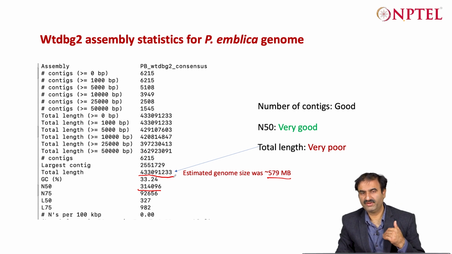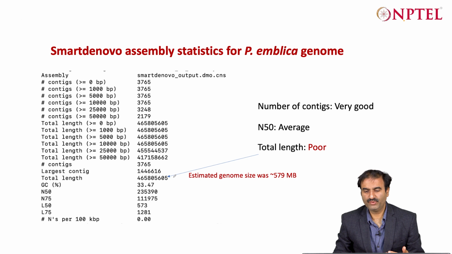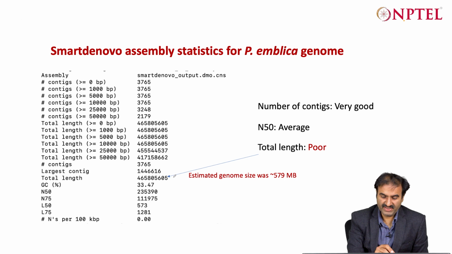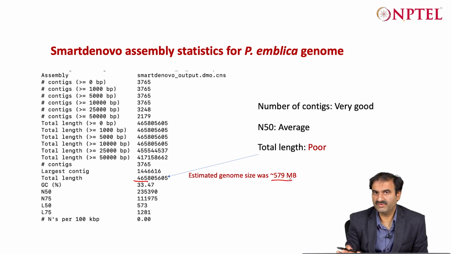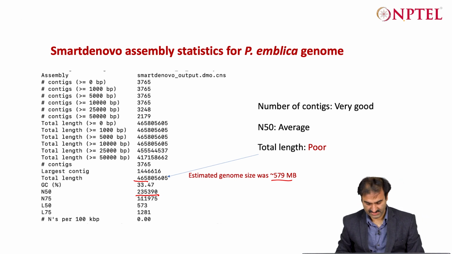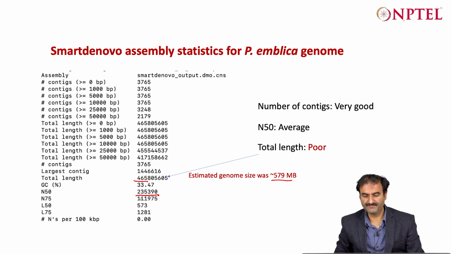So it was lower in terms of the total coverage of the genome. Then when you use another one, the SMARTdenovo assembler, on the same data, you can see that it improved the genome size from 433 to 465 MB, but it was still lower than the estimated genome size. That means coverage, for example, if you give coverage more importance compared to N50. The N50 also was lesser than the previous case, and both of them predicted the GC at 33% and 33%, almost correct.